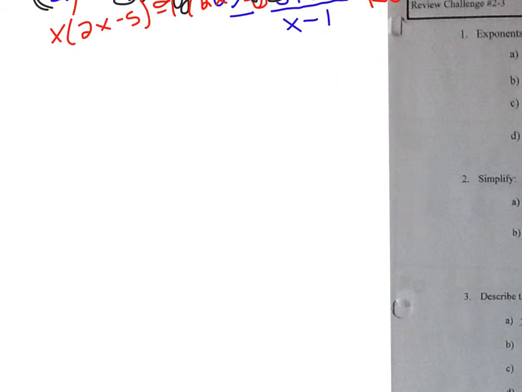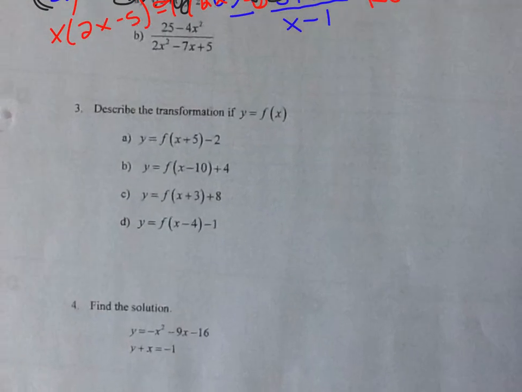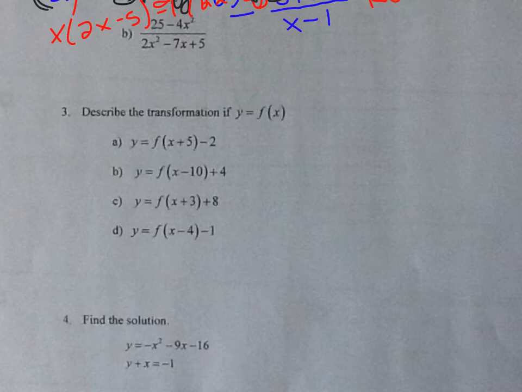All right, let's take a look at 3. So 3 is the transformations. 3a, I'm adding 5 to x. That means it's to the left 5. And I'm minusing 2 from y, so it's down 2. 3b, I'm minusing 10 from x, so that's to the right 10.